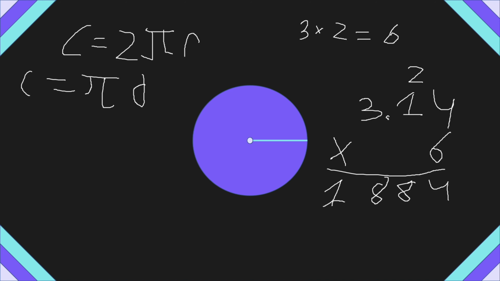Then we have 2 decimal places, so we put the point here. Now we know that the circumference is equal to 18.84.